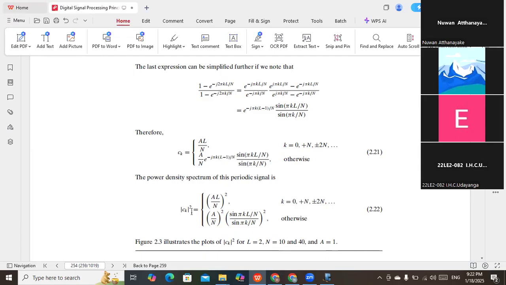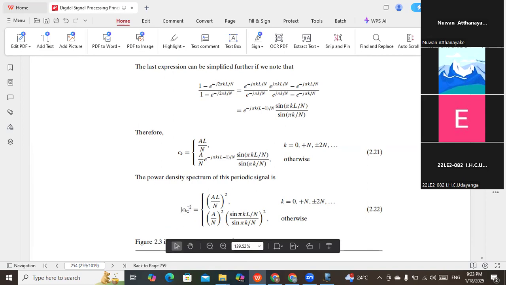If you take the square magnitude of the signal, it is the power of that signal.